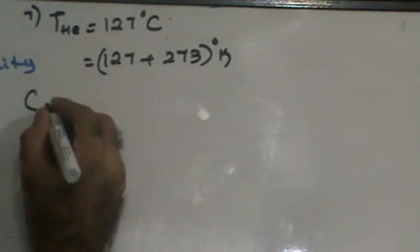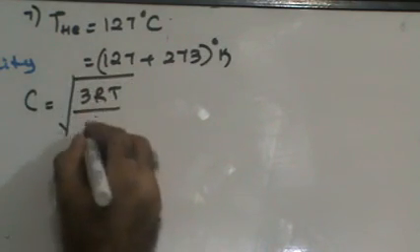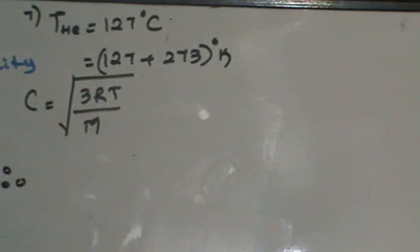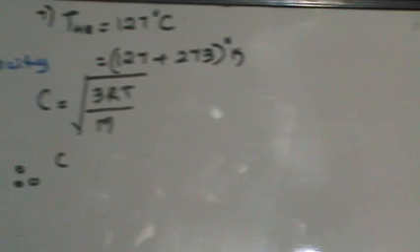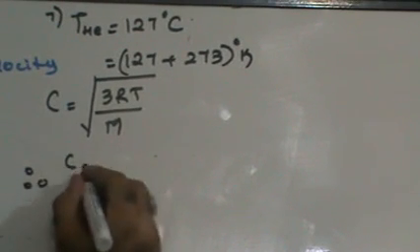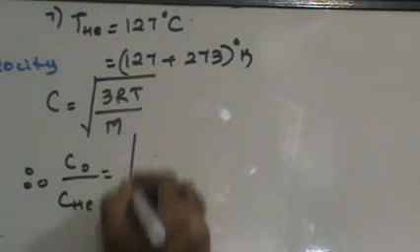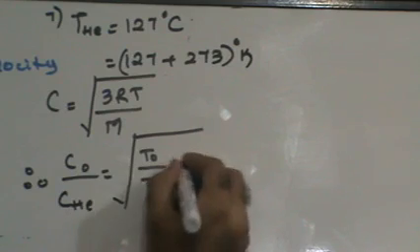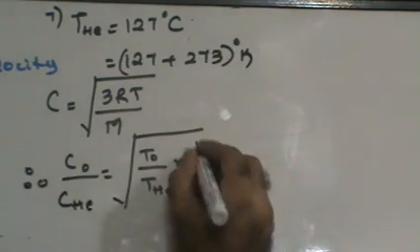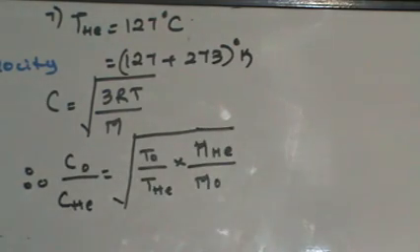We know that RMS velocity is nothing but square root of 3RT upon m. Therefore I can say that RMS velocity of oxygen to RMS velocity of helium is going to be square root of temperature of oxygen to temperature of helium into molecular weight of helium upon molecular weight of oxygen.